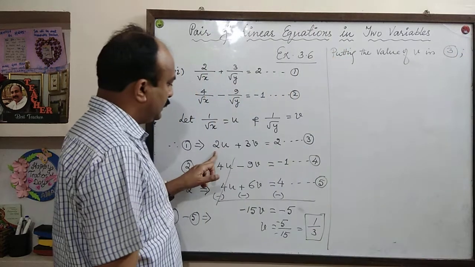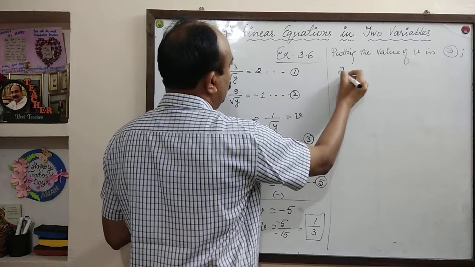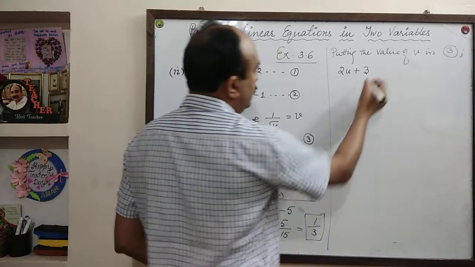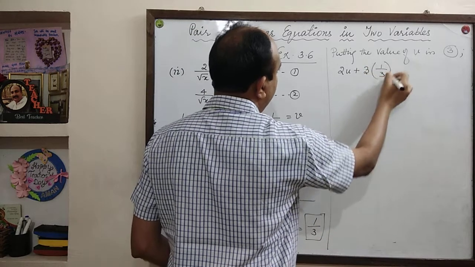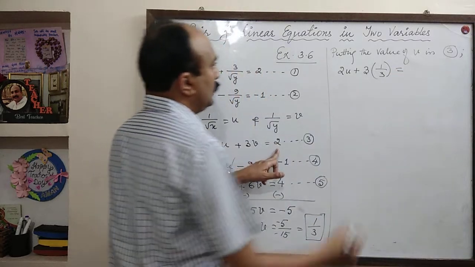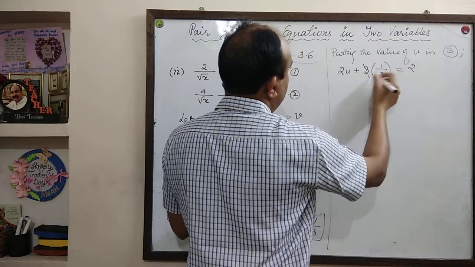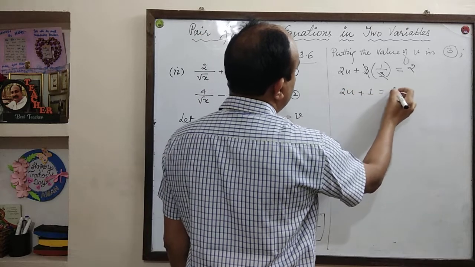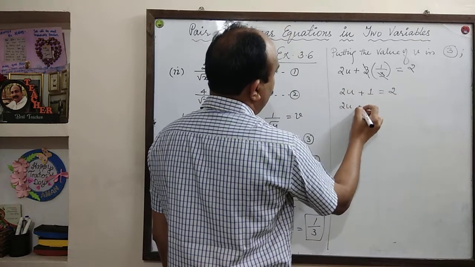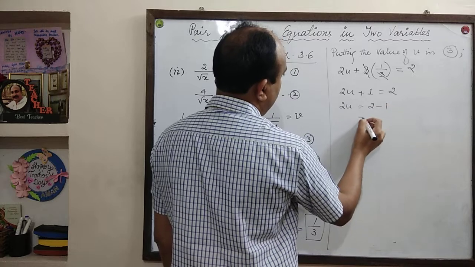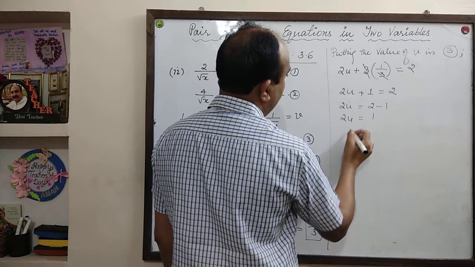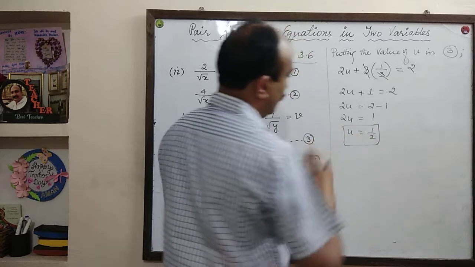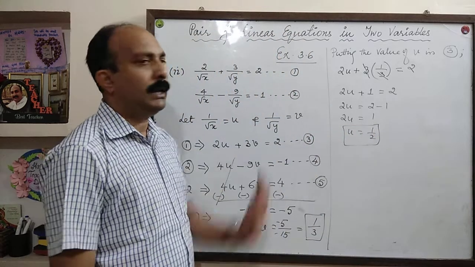Putting the value of v in equation number 3: 2u plus 3 into v, but the value of v is 1 upon 3, is equal to 2. This 3 and 3 got cancelled. 2u plus 1 is equal to 2. 2u is equal to 2 minus 1, which is 1. u is equal to 1 upon 2. So we got the values of v and u.